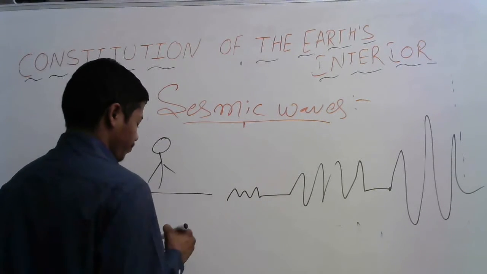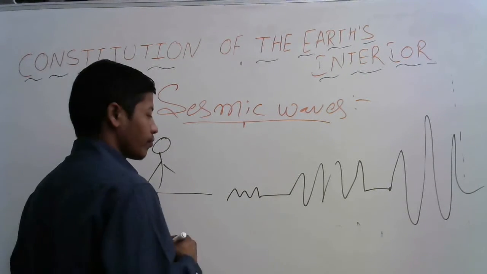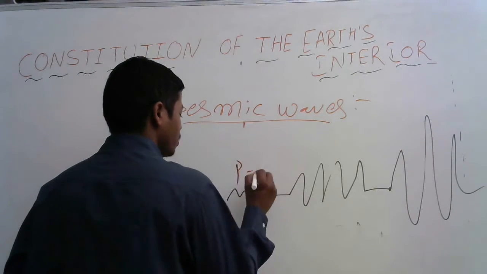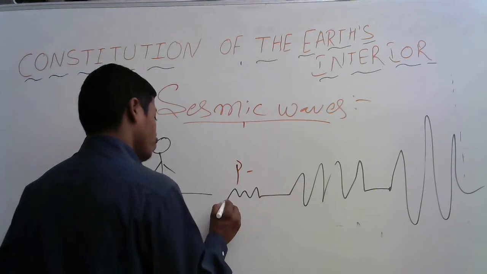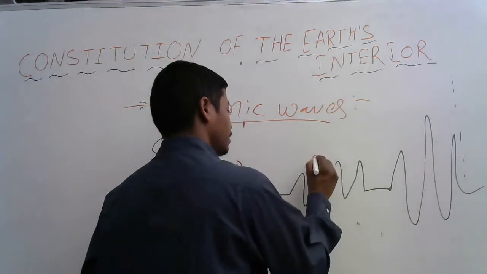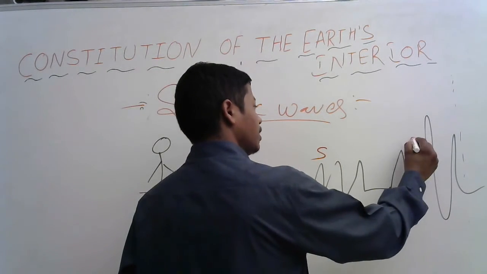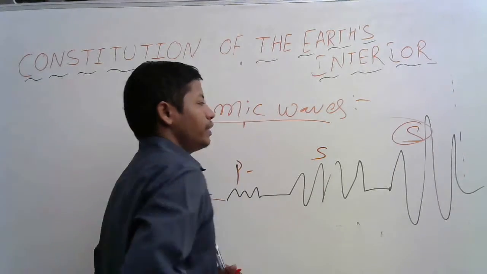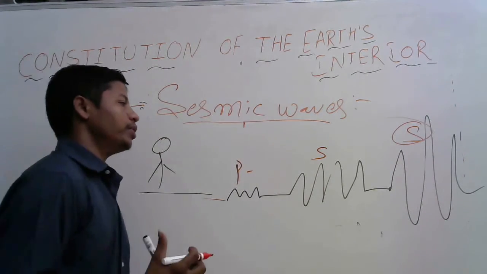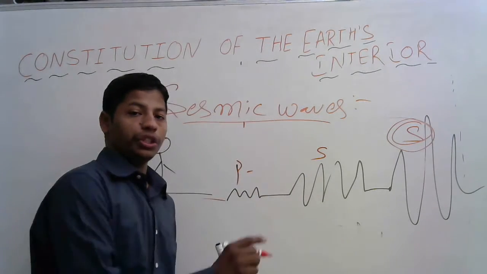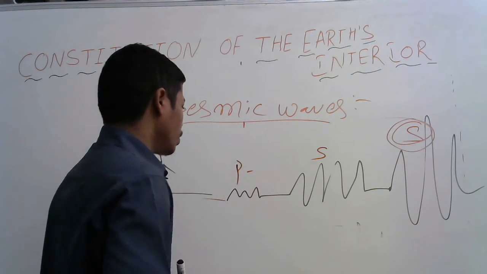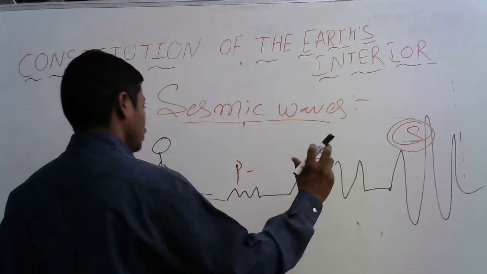P waves. Why? P waves have the highest velocity compared to S waves. First the P waves reach, next the S waves, and next the surface waves. Which are the most disastrous waves? S waves. They are responsible for more disaster.